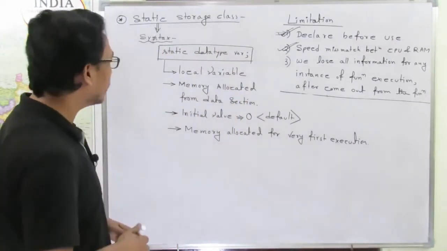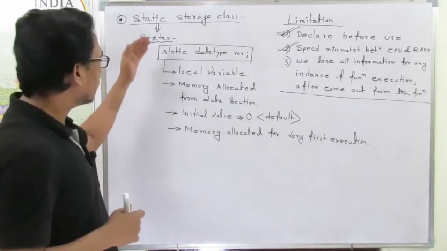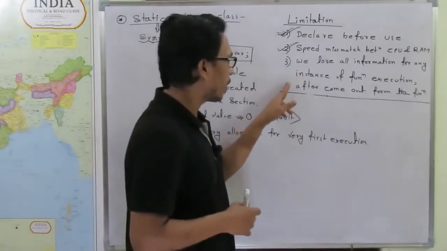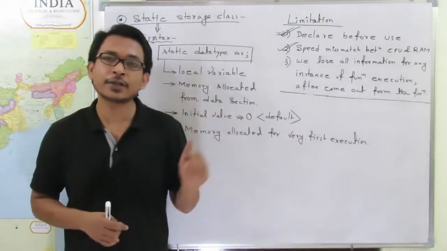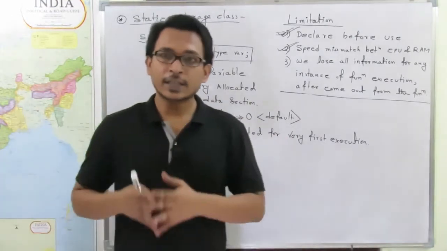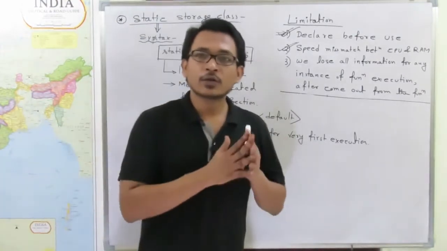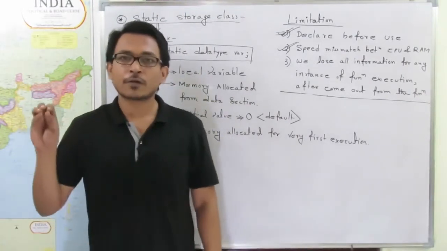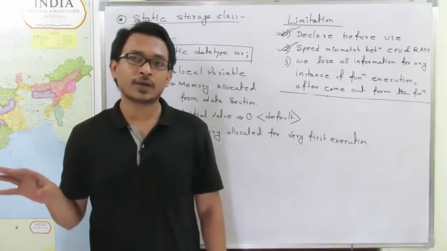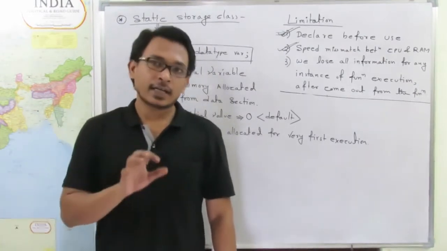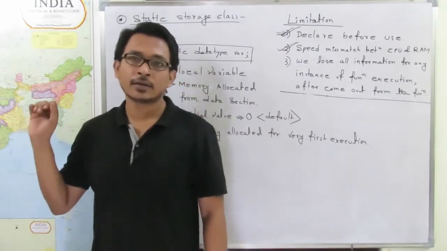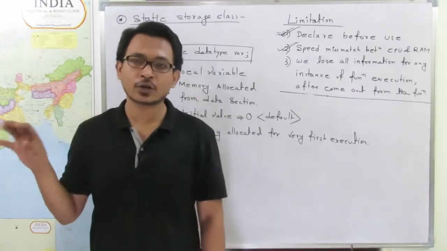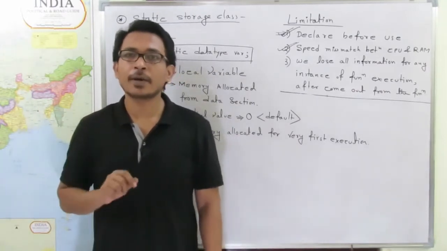Now coming to the next point: using this static storage class we can solve the third problem that we face in case of function execution. Whenever we start execution of a function, the system will allocate memory for the function. All the variables declared inside the function are allocated in memory, and when we come out from the function after execution, all the memory will be deallocated.